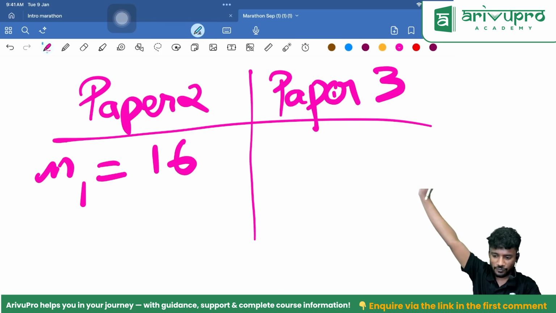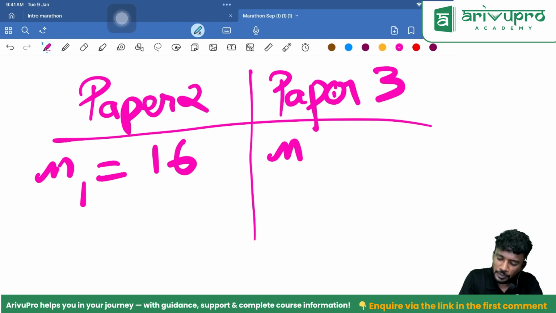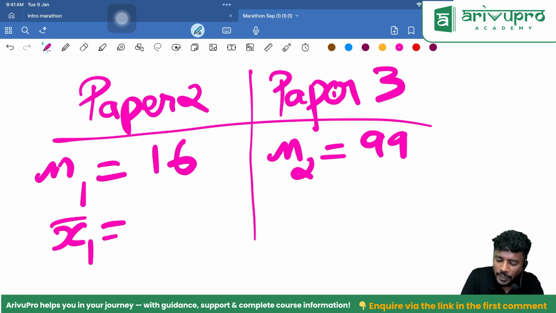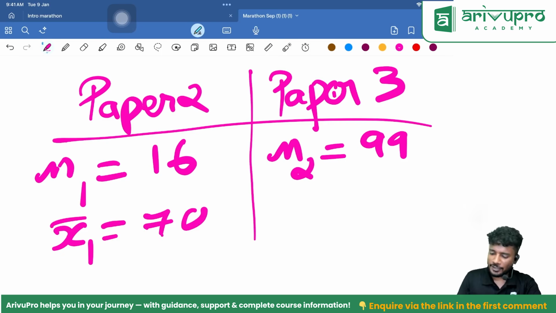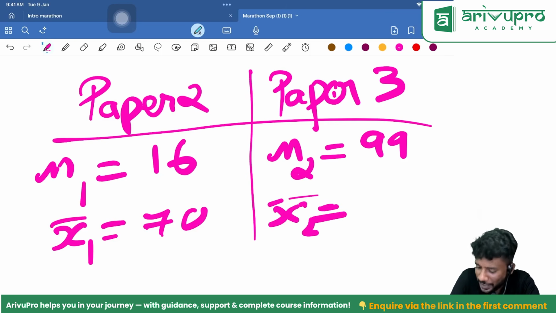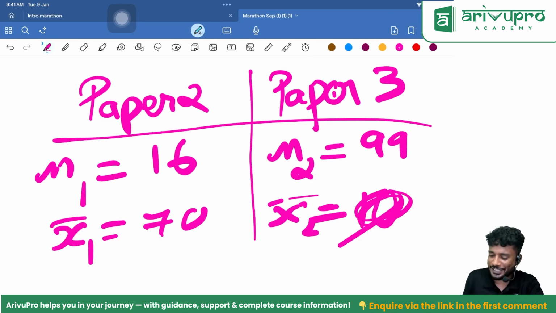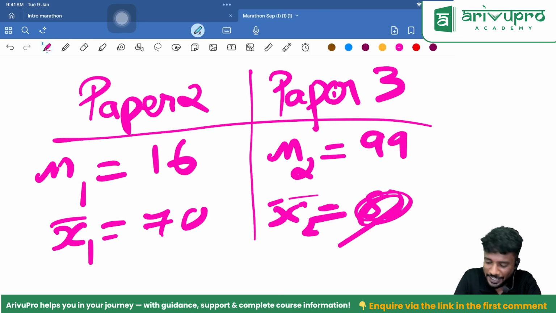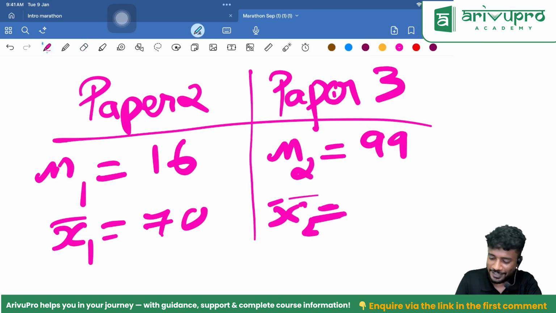Then the number of people clearing paper 3, let it be 99. The average mark scored by the 16 students, let it be around 70. In paper 3, let the average mark be 85. We should not go too high. That is more than fine for me.